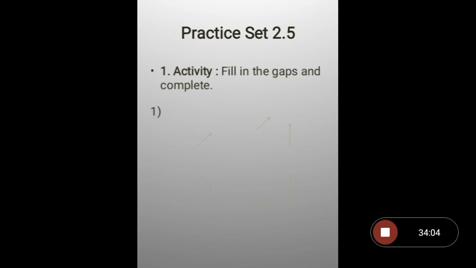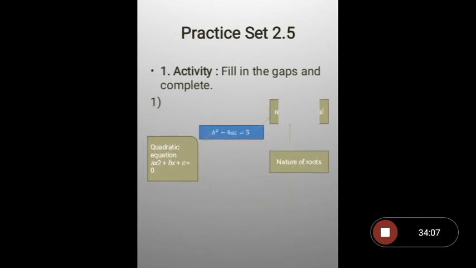The next one, let us solve some questions in practice set 2.5 based on the nature of the roots of the quadratic equation. In that, the first one is the activity: fill in the gaps and complete the activity. First one, they have given you the quadratic equation ax square plus bx plus c is equals to 0.